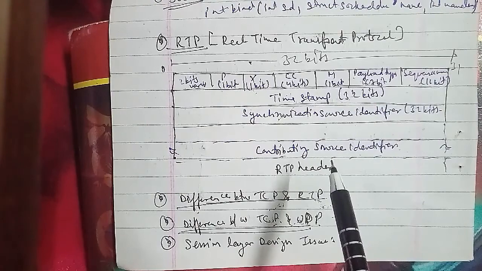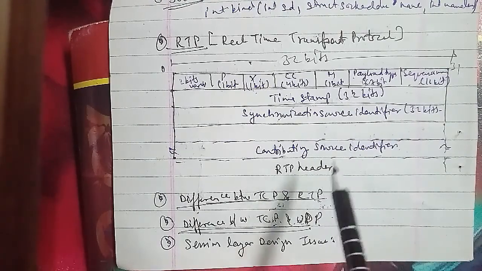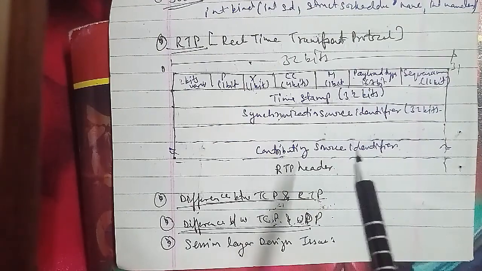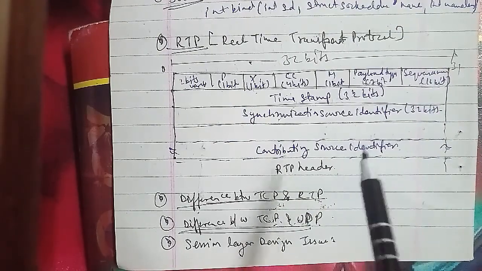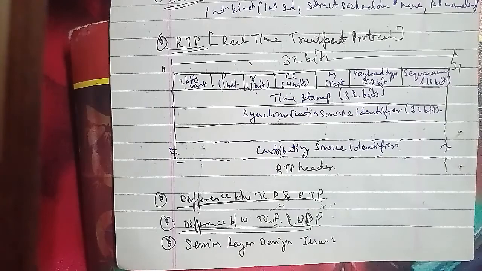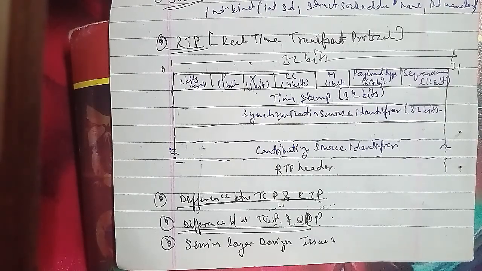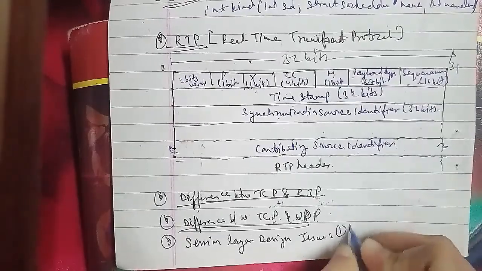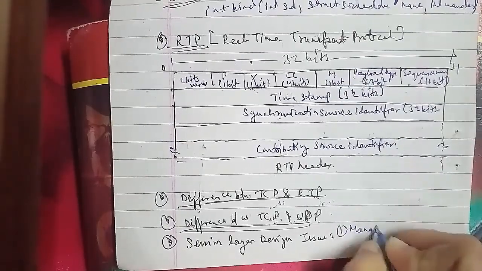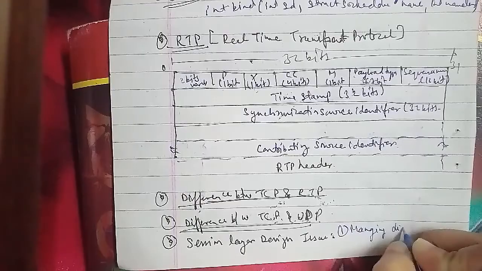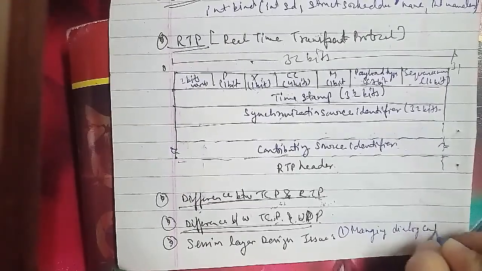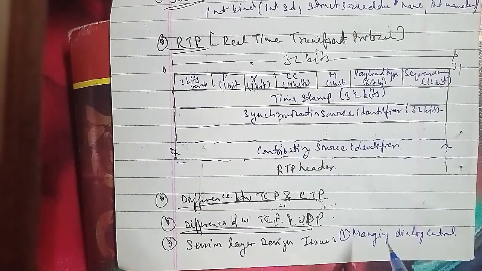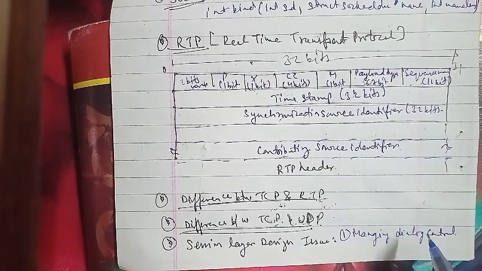The session layer deals with allowing users to establish communication sessions between different machines. Design issues include, first, managing dialog control, where the traffic can go in both directions at the same time or in one direction at a time.